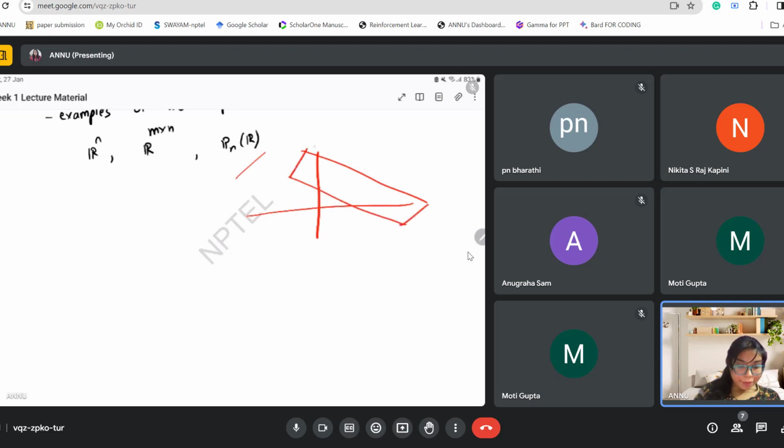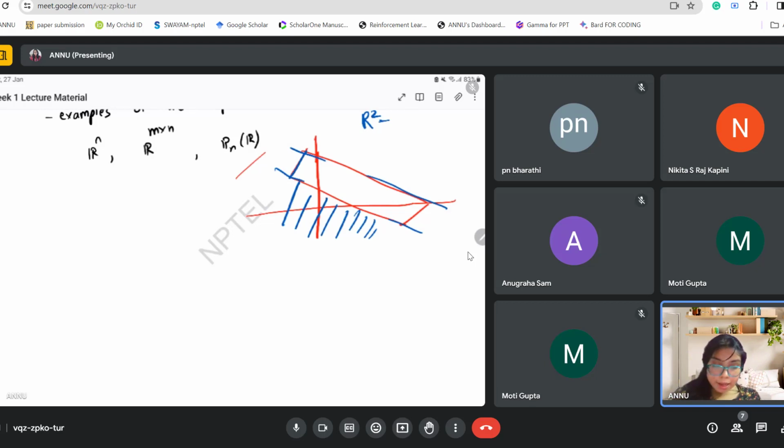Now we define R square. Sir has not done this, I am telling you. So this is R square. Let us say R square minus a particular area. This will give you one plane in 2D. Will it be a vector space or not?